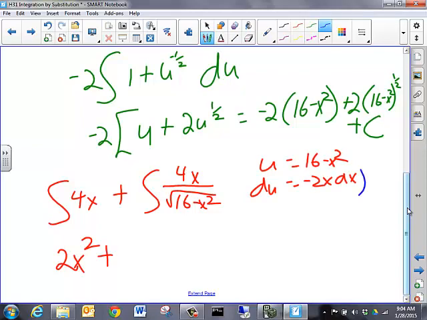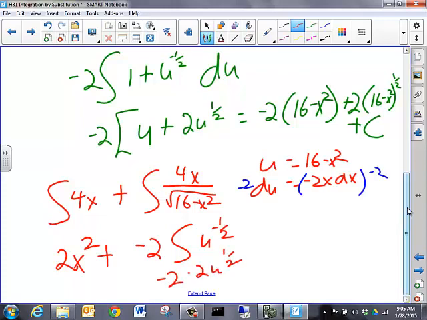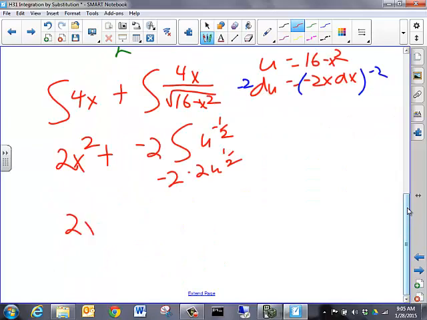But we need 4 there, so we're going to multiply it by negative 2. Really, negative 2 integral of u to the negative 1/2. Right? So we get negative 2 times 2u to the 1/2. So we get 2x squared minus 4u to the 1/2.